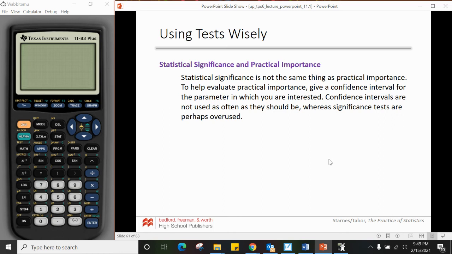Here's a better reason why statistical significance isn't always great. Say you took a sample and you got an x bar of, let's say, 30. Depending on what you thought your mu was, maybe you thought mu was 35, right?